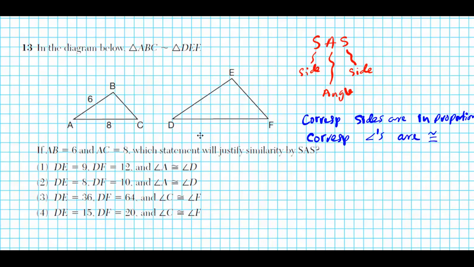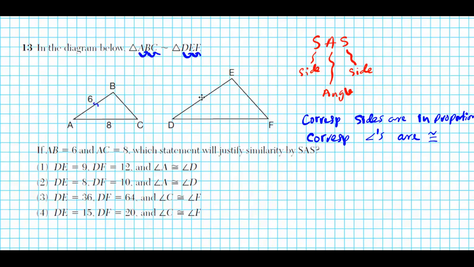So what are the sides we're looking at here? We're given AB and AC. We have AB, which corresponds to DE, and then BC corresponds to EF. Just following the order of the letters, you can tell which sides are corresponding.